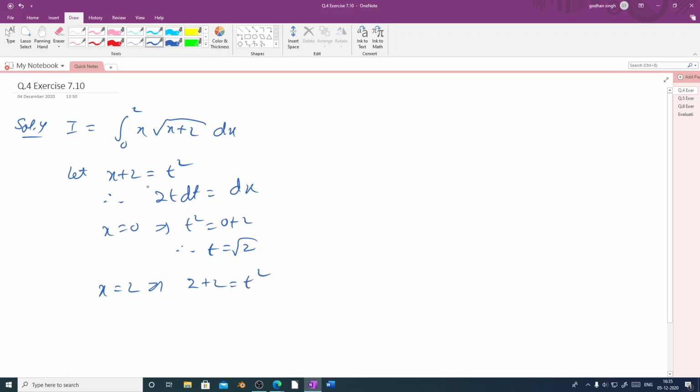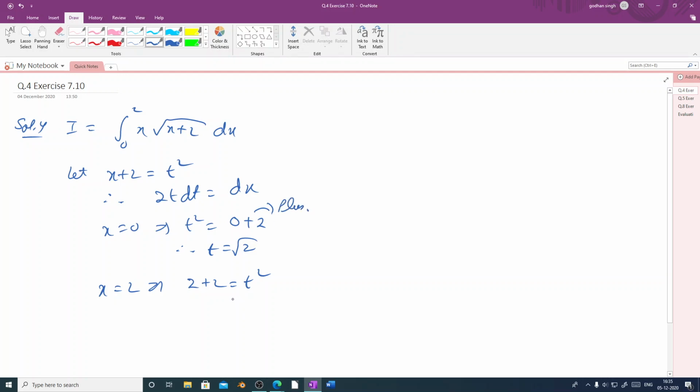Just put the value of x equal to 2 here. And here we have written 0 plus 2, this is not t, this is plus, we add that plus to this. It is not to be confused with that. Let me rewrite this one: 0 plus 2, this is not t, it is plus.